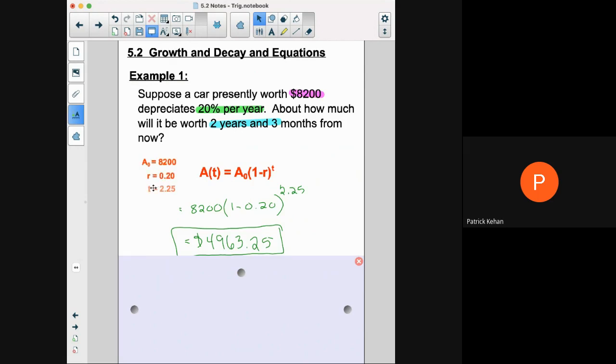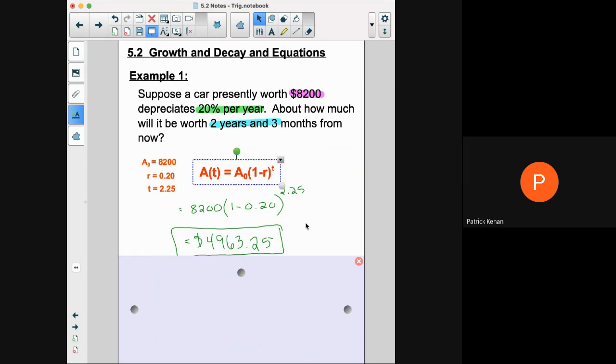Our R value is 0.20, and our t value is 2.25. Be careful. 2 years and 3 months is not 2.3 years. 3 months out of 12 months in a year is 1/4 of a year, or 0.25 years, giving us a time of 2.25.